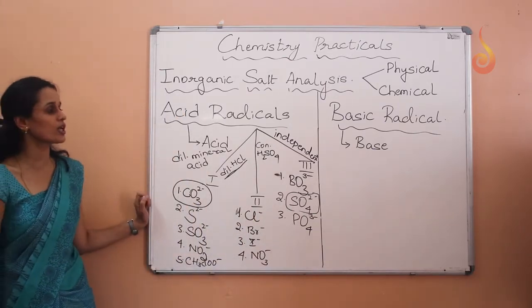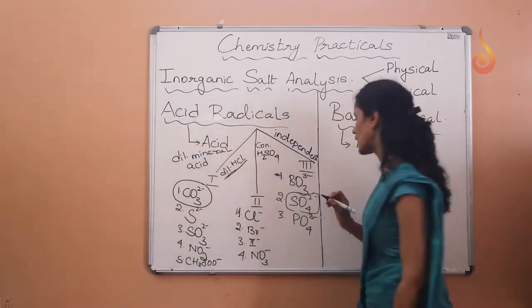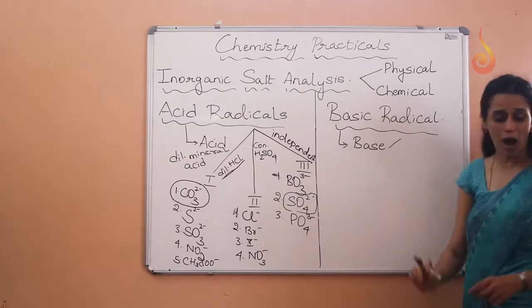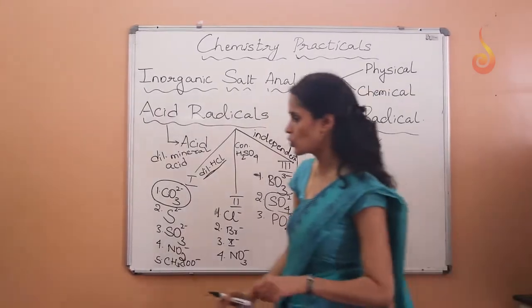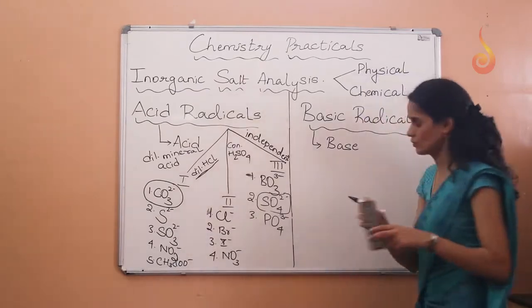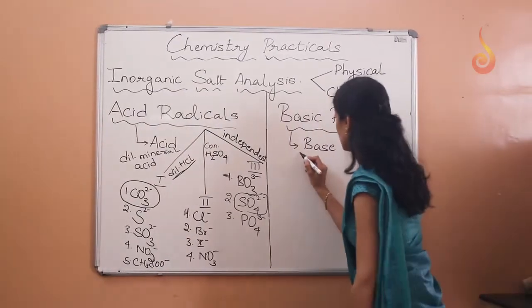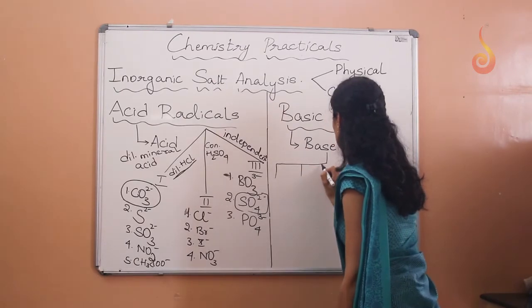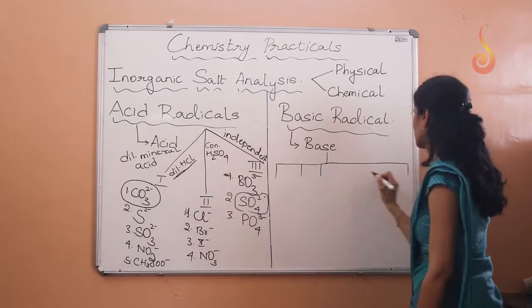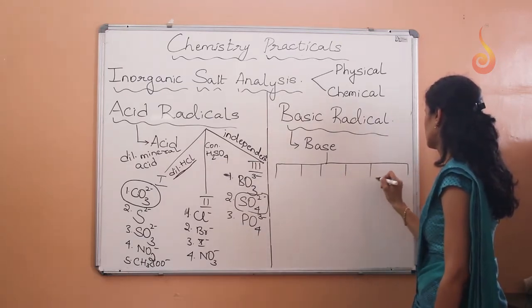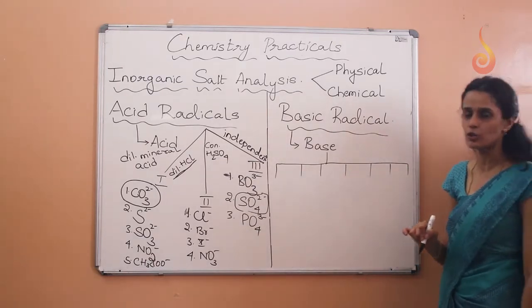Similarly, we also differentiate basic radicals into 7 groups, starting from 0 group and going on up to 6 group.